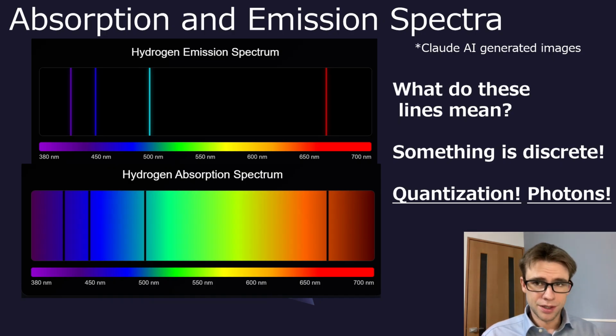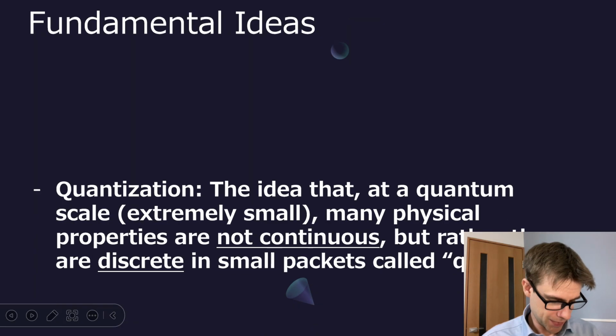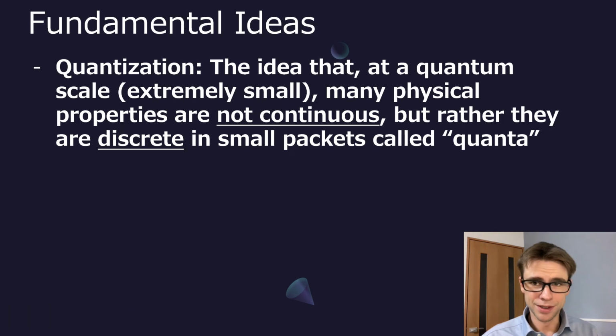So this leads us to the idea of quantization and photons. So, to clearly define this quantization, the idea that at a quantum scale, extremely small scale, many physical properties are not continuous, but rather they are discrete in small packets called quanta.